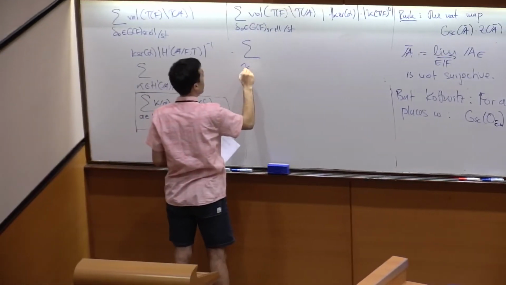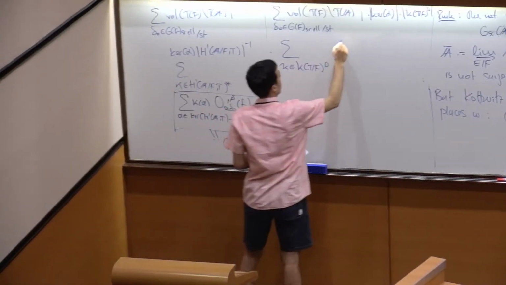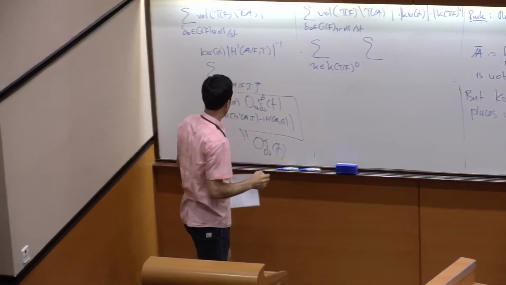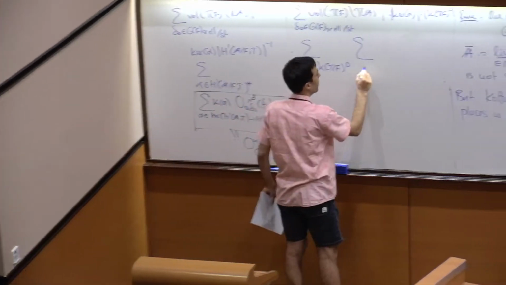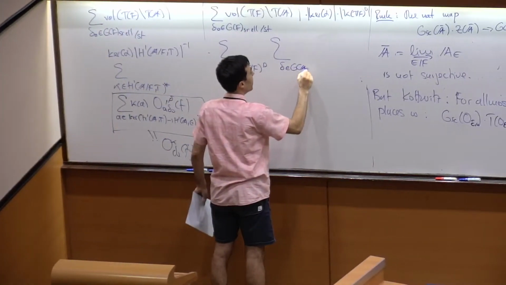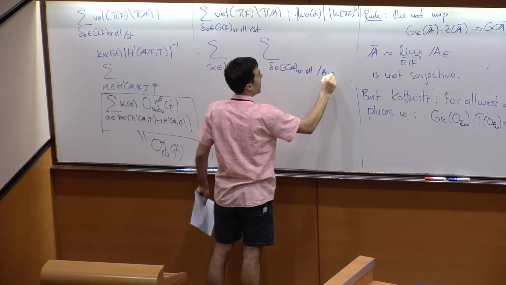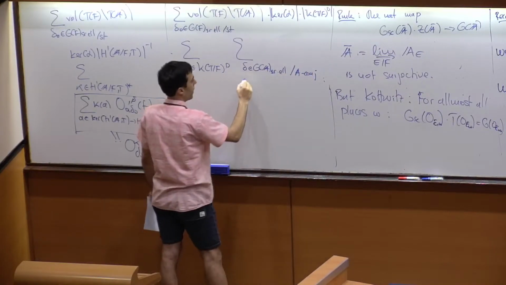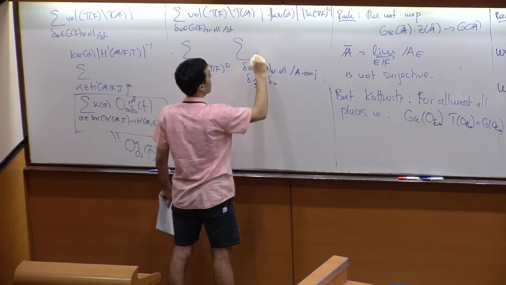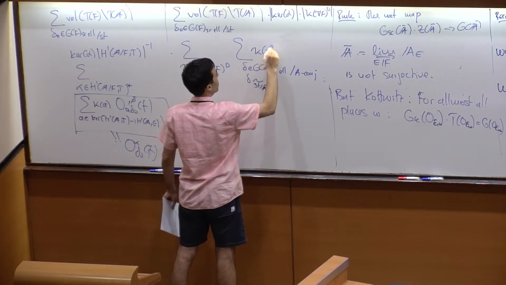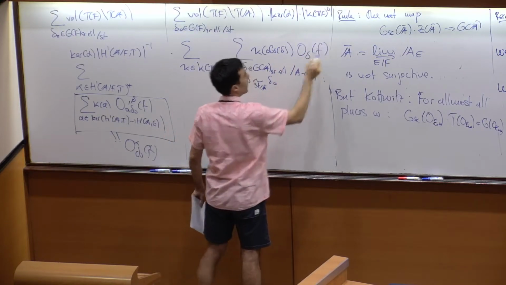Then we're summing over all kappas in kappa. And then finally we're summing over, I could either write it like this over A, or I could write delta in G of A, strongly regular elliptic up to A conjugacy, and delta stably conjugate over A bar to delta 0, and then we have kappa of obstruction of delta times orbital integral of delta of f.